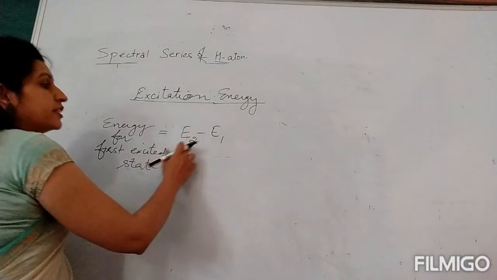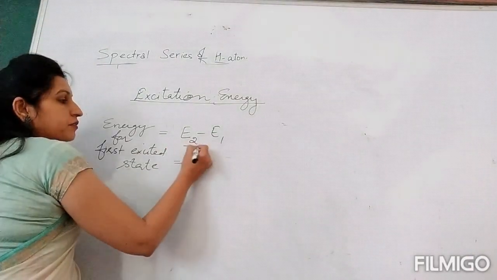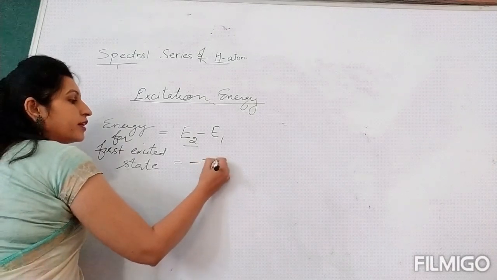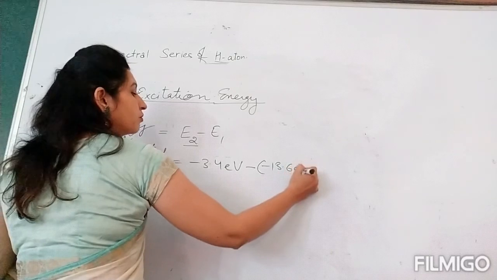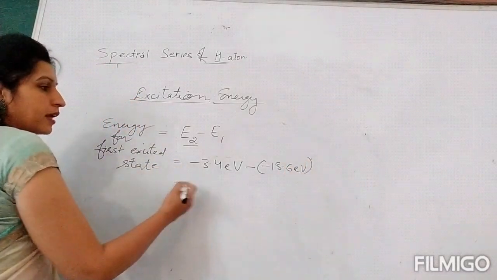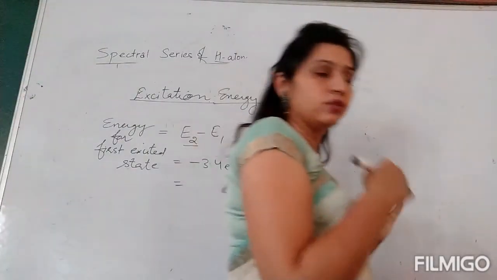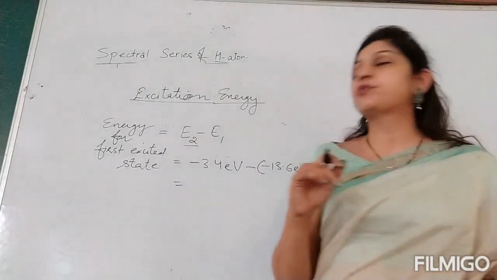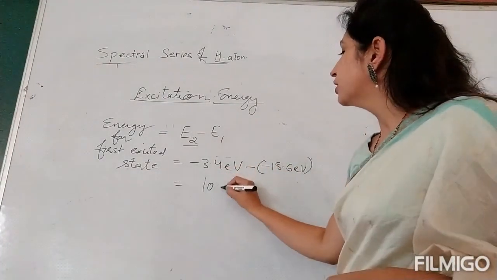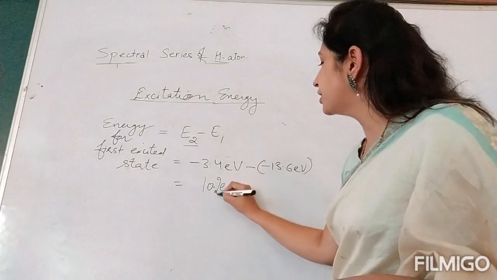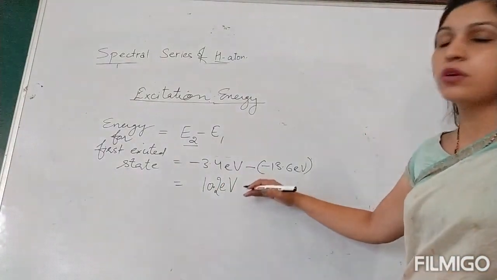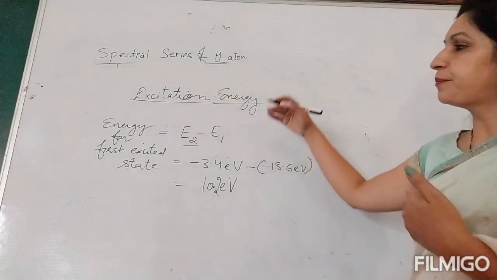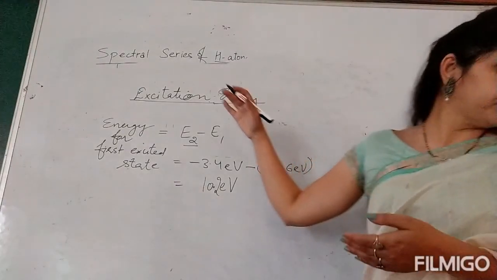For that it is E2 minus E1, and the energy of the second level is minus 3.4 electron volt minus minus 13.6 electron volt. When you subtract them, it is 10.2 electron volt. So this much is the energy required by an electron to jump from the ground state to the first excited state.